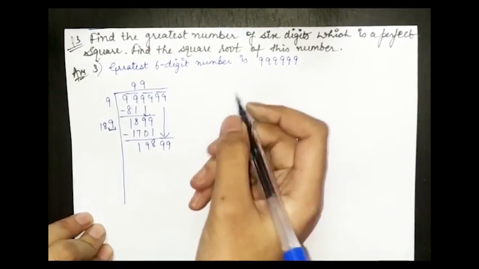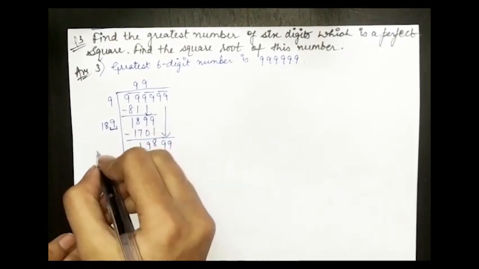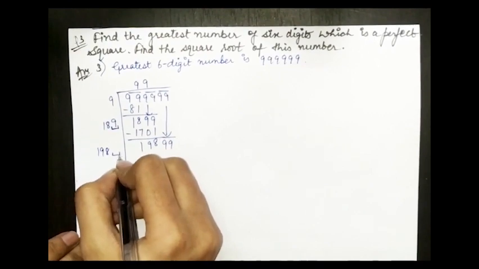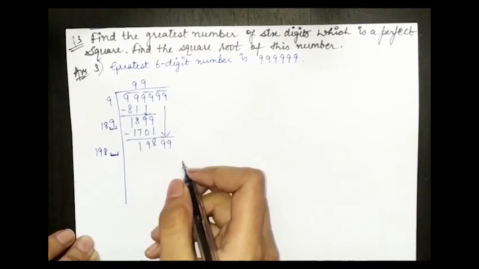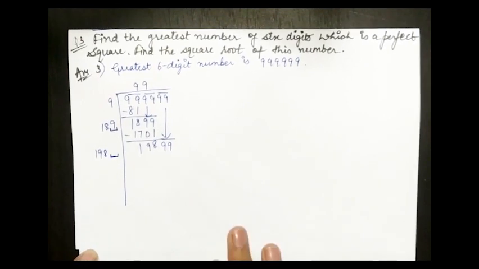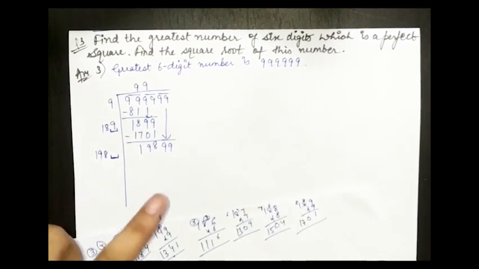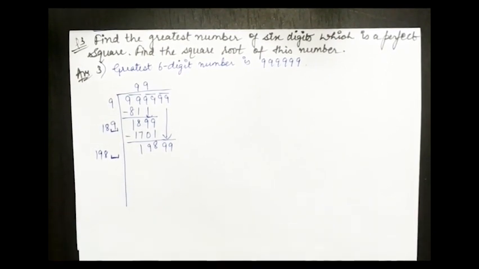Now we have to find the double of 99, that is 198, and then we want one more number so that this will be completely divisible or smaller than this number. So let's find that also. I think this number is also bigger, so I will be starting with 8.